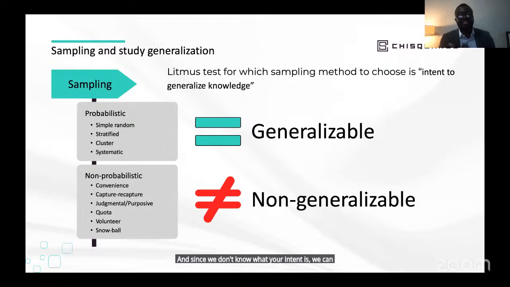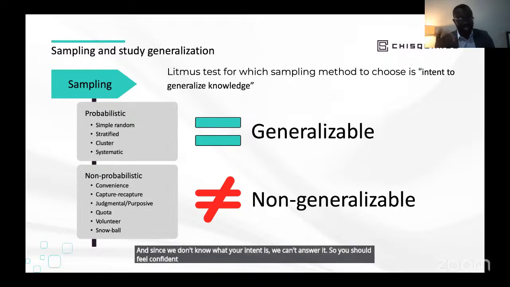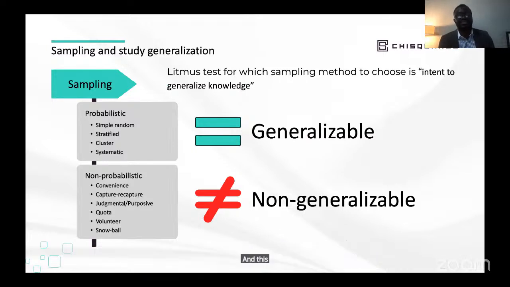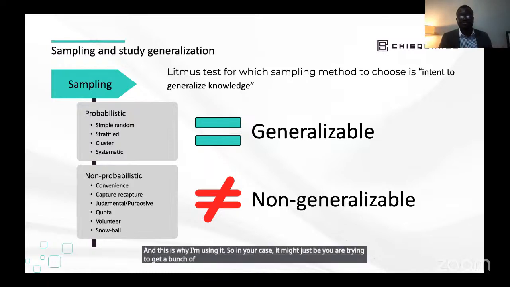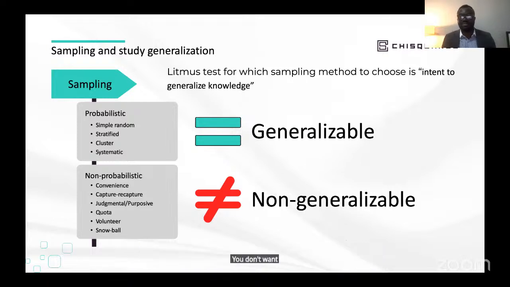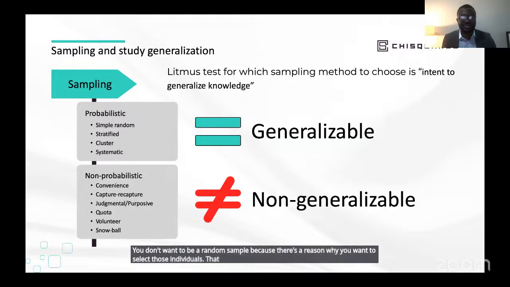So you should feel confident as a researcher to say, this is what I'm going to use, and this is why I'm using it. In your case, you might be trying to get a bunch of school principals to assess some things, and you know the best ones to meet who have a lot of experience. You don't want a random sample because there's a reason why you want to select those individuals. That's fine. It depends on your use case.